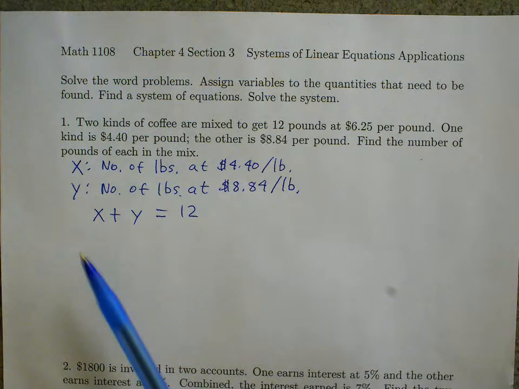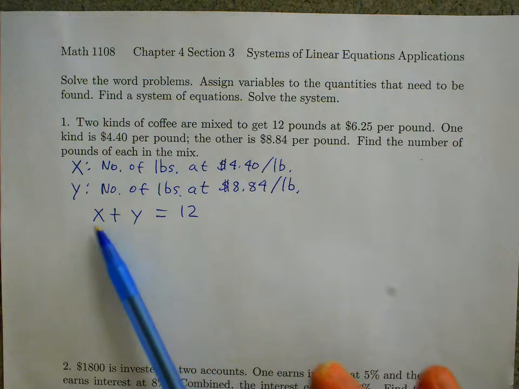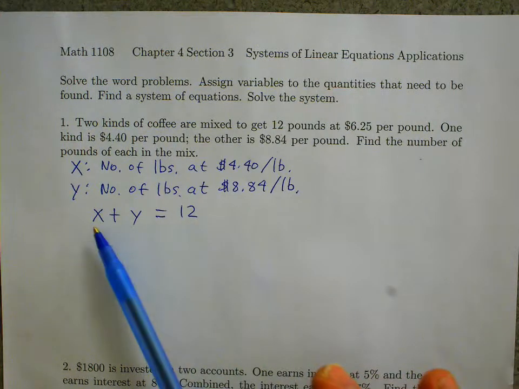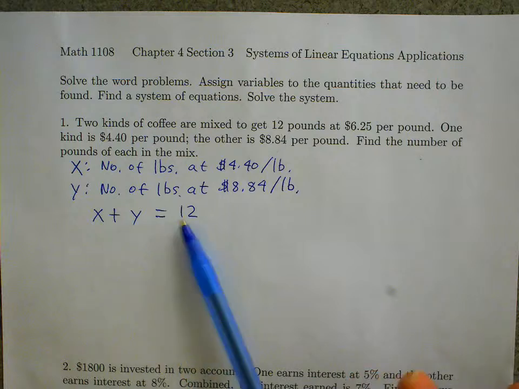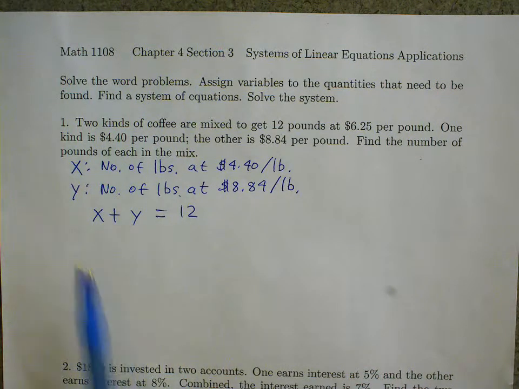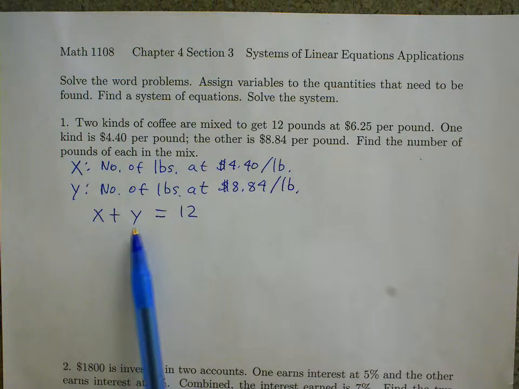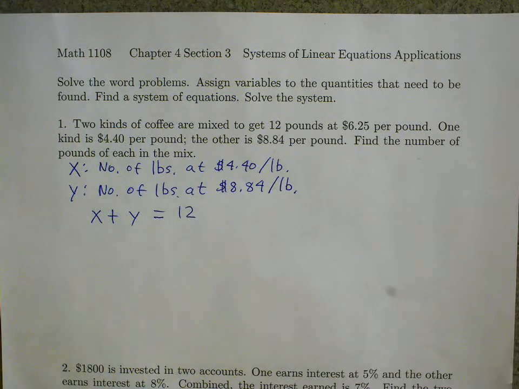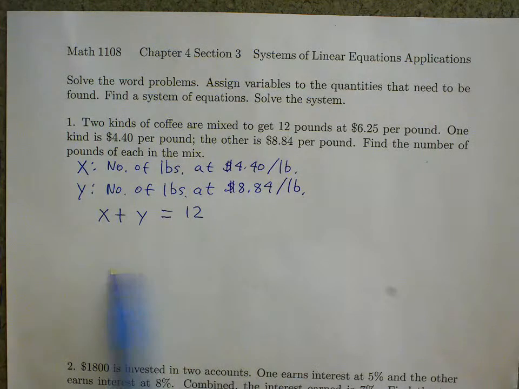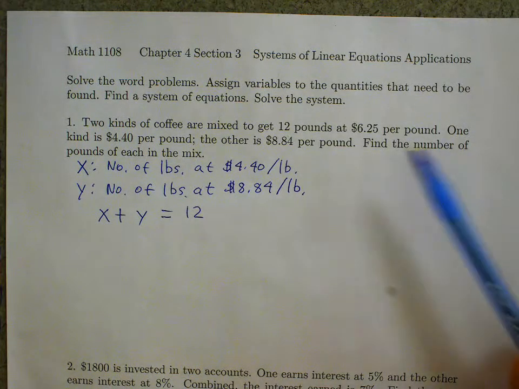But I'll frequently point out that whenever you write down an equation, each of the terms must represent the same kind of thing. Each of the terms just represents a certain number of pounds of coffee. In this equation, we're not taking into account the cost per pound. It's just the number of pounds. So X pounds plus Y pounds equals 12 pounds. In the next equation, we'll take into account the cost per pound.